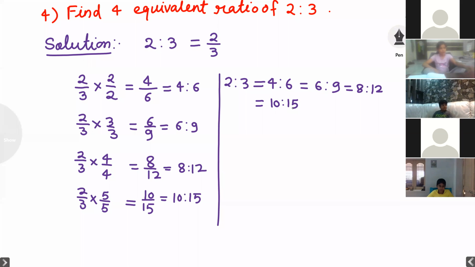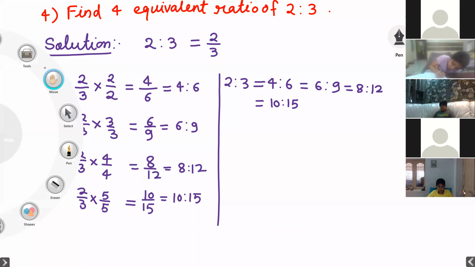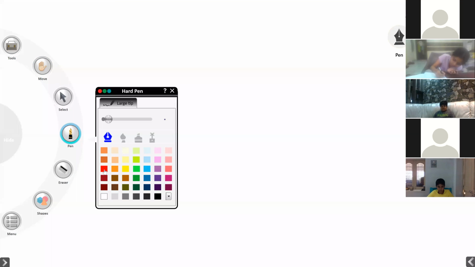Next, example 5. I am drawing some ratio strips.